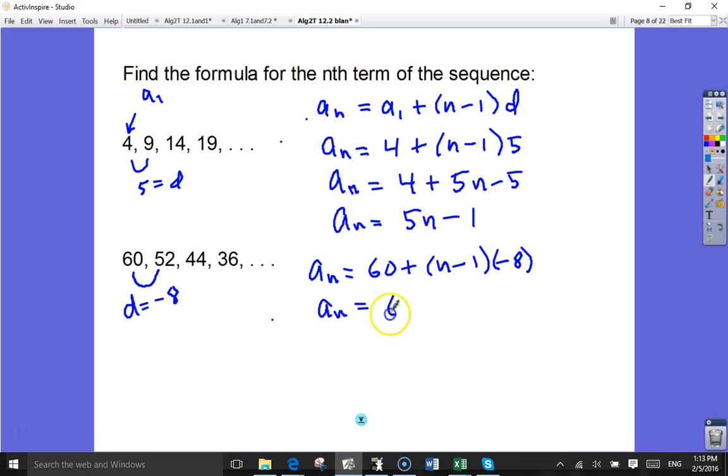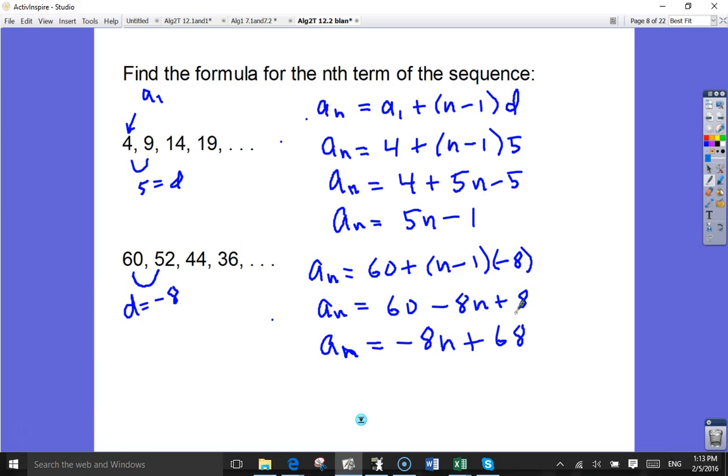An equals 60 minus 8n plus 8. An equals -8n plus 68. Now you could write 68 minus 8n too, it doesn't matter.